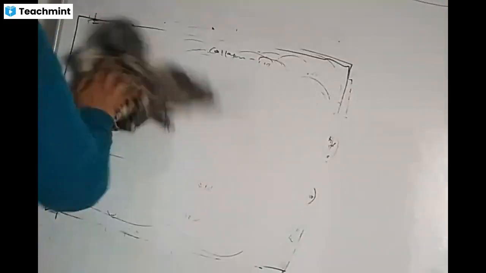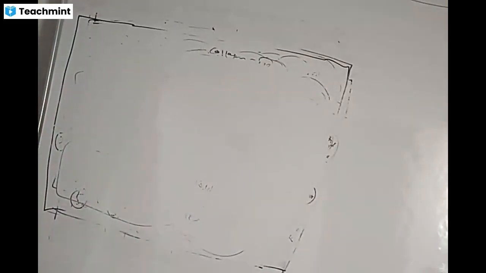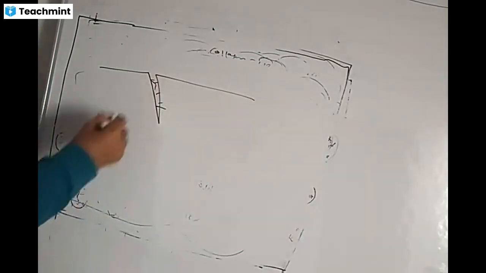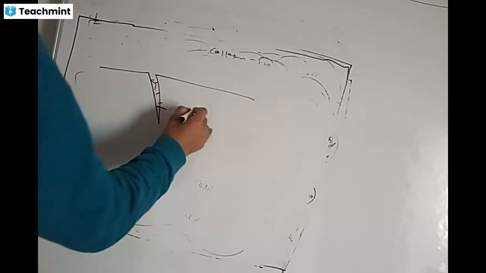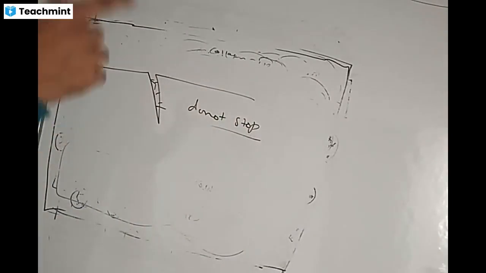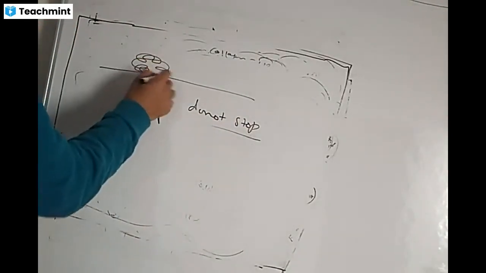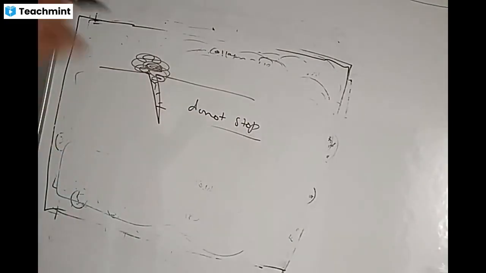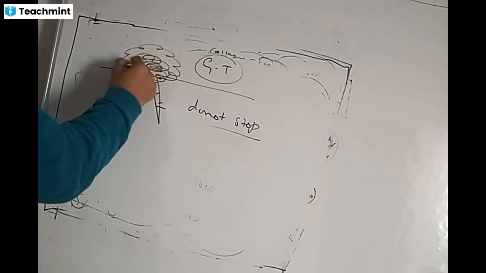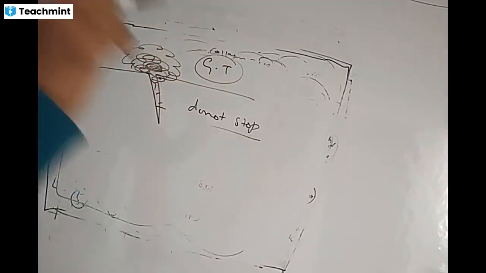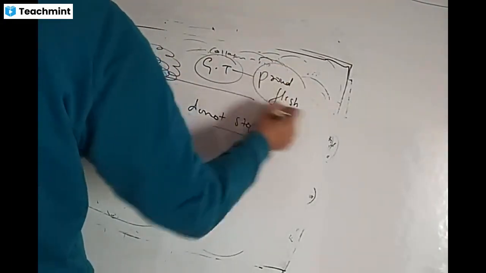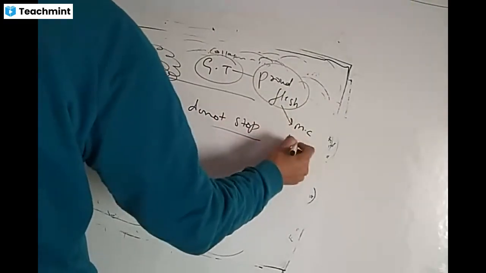Now the wound edges are near. If we do not stop the epithelial cell multiplication, they will multiply in excess. For example, if we do not stop the granulation tissue, it will multiply in excess over the surface of the wound. That is called proud flesh, and that is more common in horses.